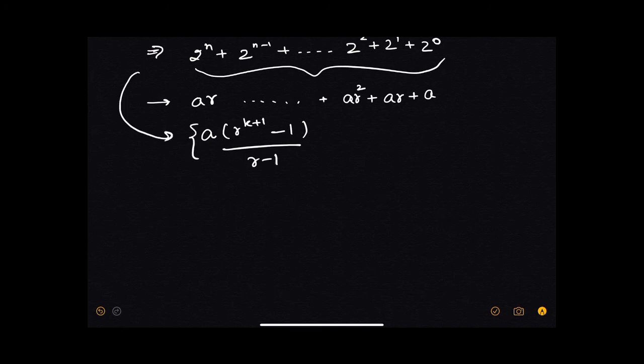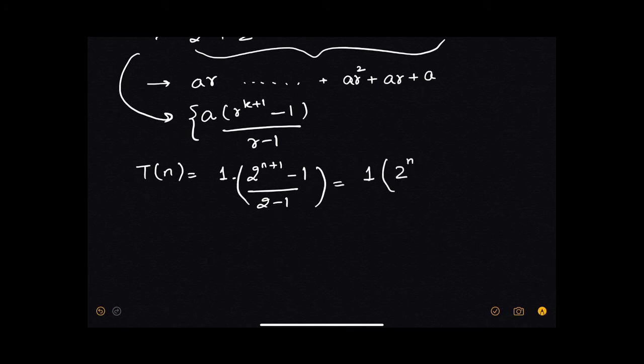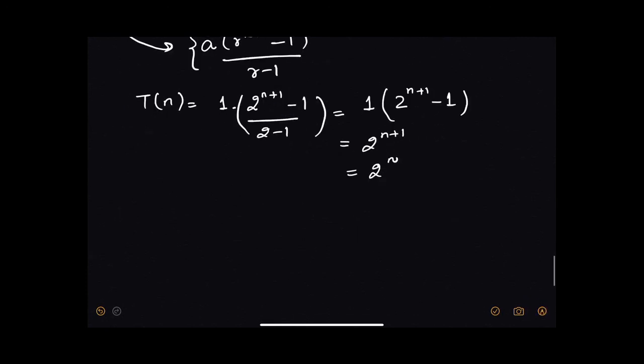Putting this into the formula, I get T(n) as 1 into (2^(n+1) - 1) upon (2 - 1), which equals 2^(n+1) - 1. This is also of the order of 2^n. So the time complexity taken by this function is order of 2 raised to the power of n.